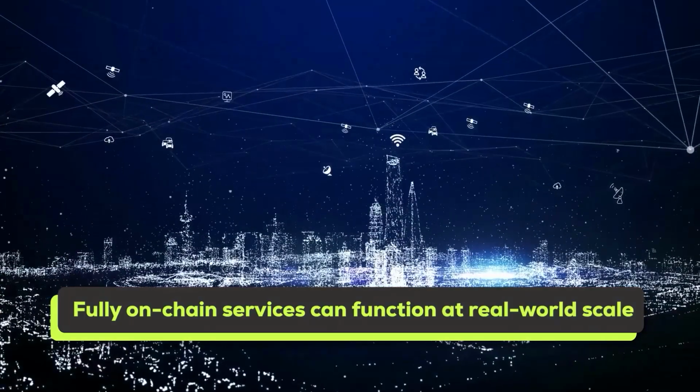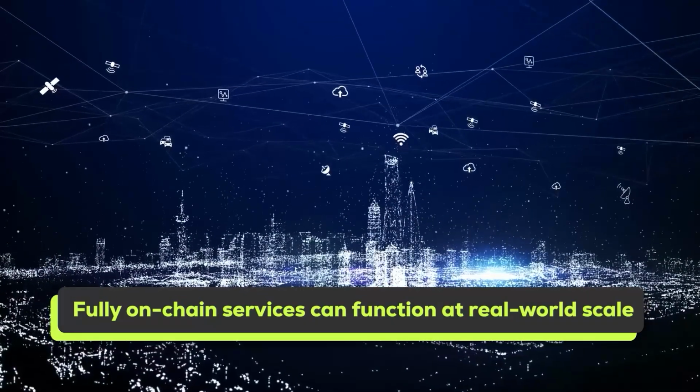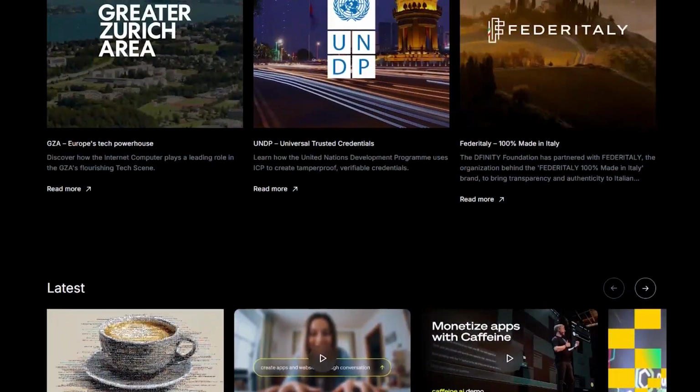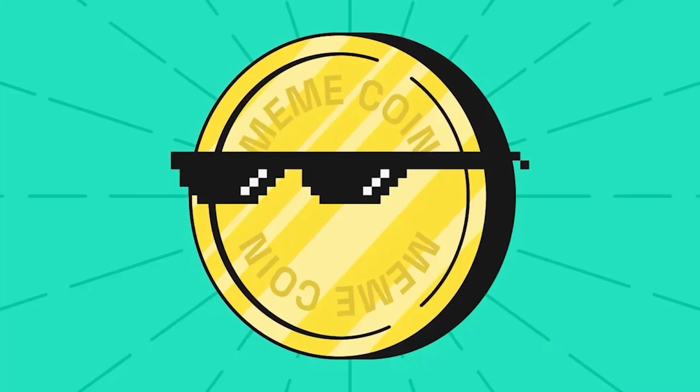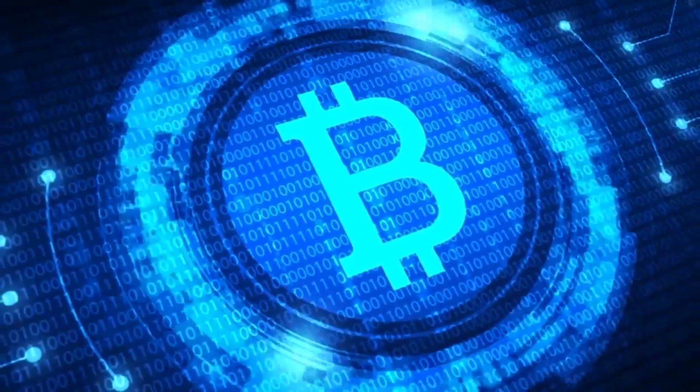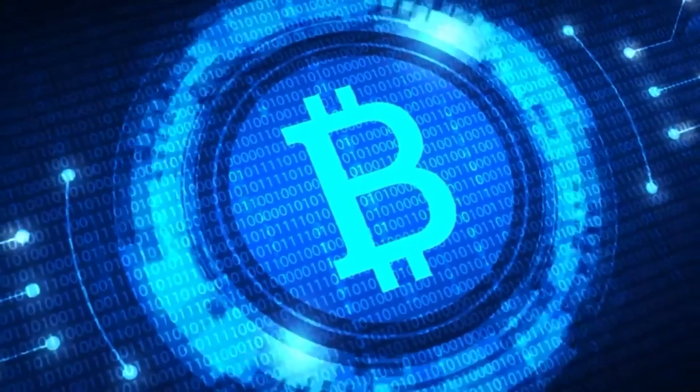These applications demonstrate that fully on-chain services can function at real-world scale. However, ICP remains underrepresented in speculative sectors such as meme coins or high-frequency trading, which dominate activity on other chains.